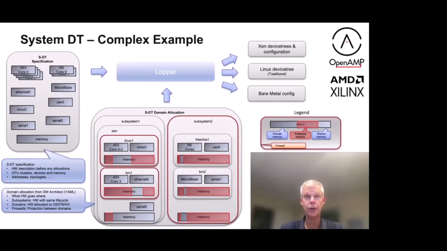Here we have hierarchical domains. The outermost domains, called subsystem 1 and subsystem 2, actually denote all the hardware that belongs together from a life cycle point of view, meaning when you boot up things. So imagine a system where you have some critical software that needs to run all the time, but then you have some other software that, you know, every now and then maybe does crash, so you have to reboot it.